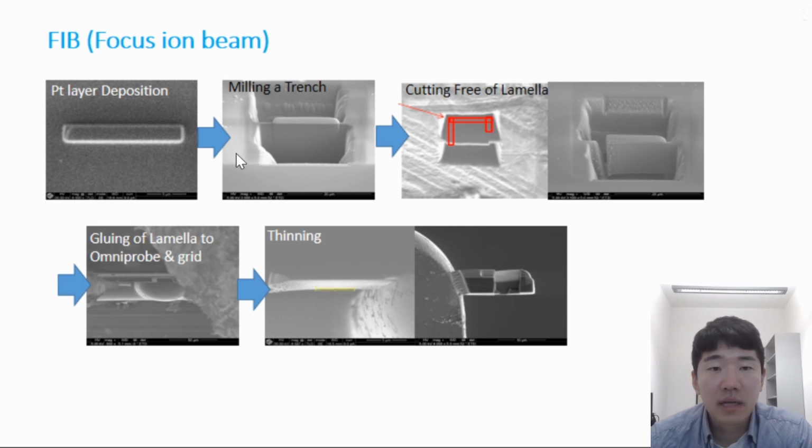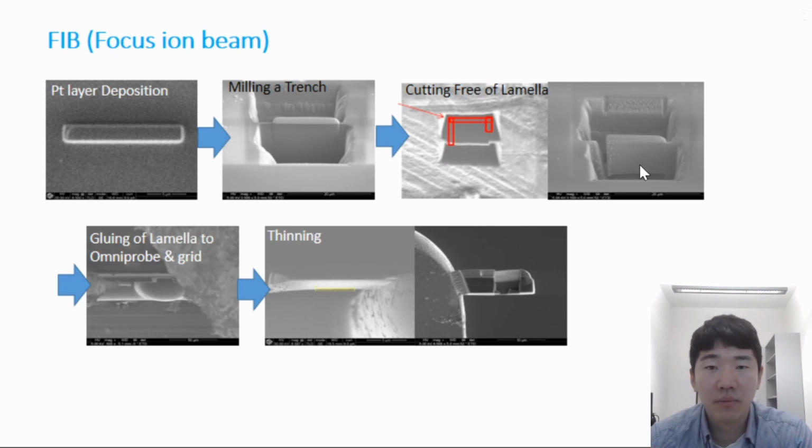In this case, we first deposit a Pt layer on top of the region of interest to protect the region. Then we mill out both sides of the sample to get the TEM lamella. Before we take out the sample, in order to facilitate it, we need to make the sample half free. Here we call it a J cut, or someone says a U cut.